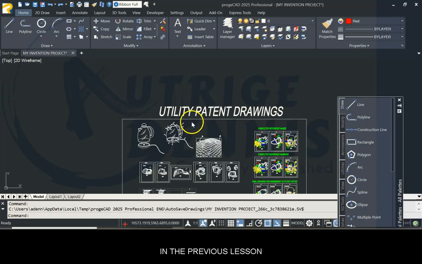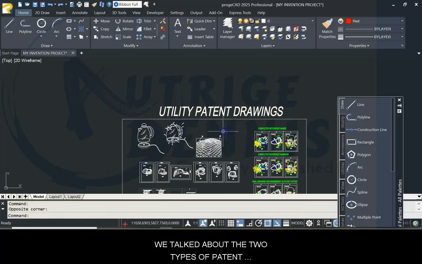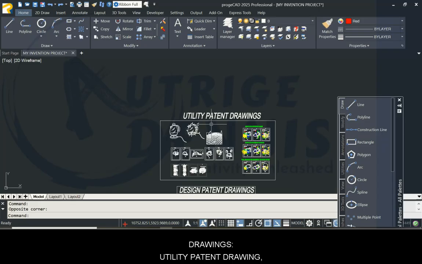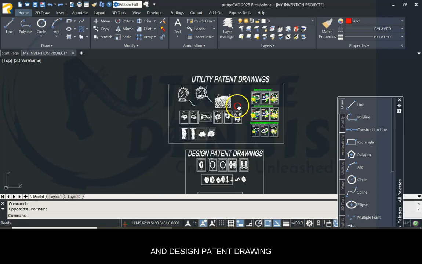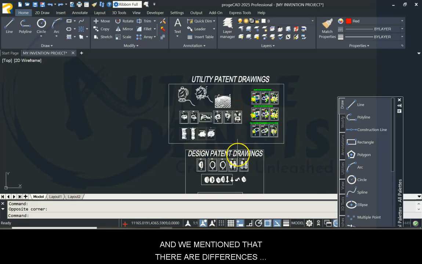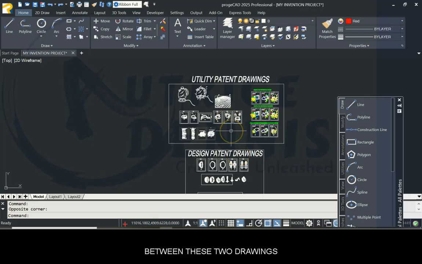In the previous lessons, we talked about the two types of patent drawings, utility patent drawings and design patent drawings. And we mentioned that there are differences between these two drawings.